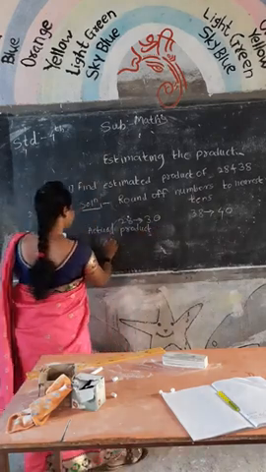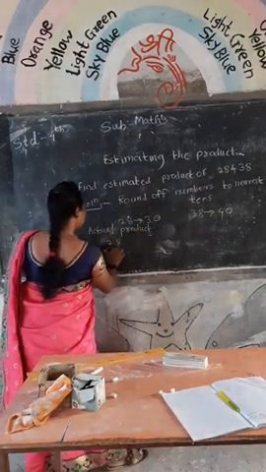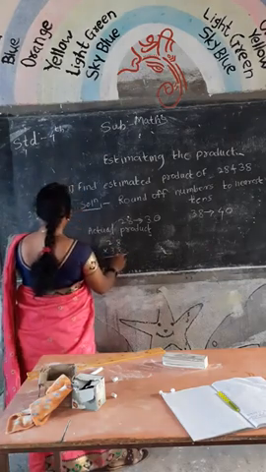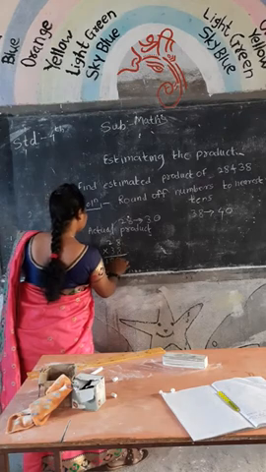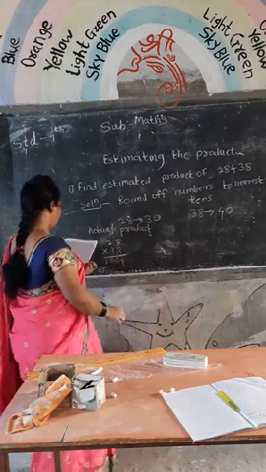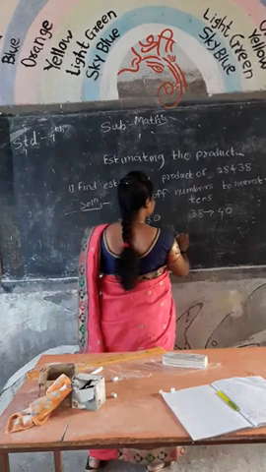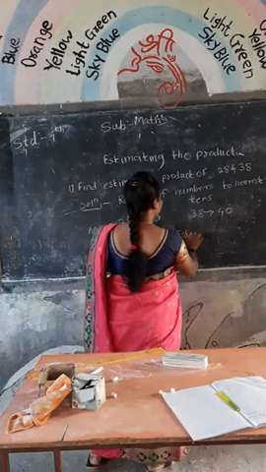Then the actual product of these two numbers: 28 multiplied with 38, the product is 1064. And the estimated product, we have to find.